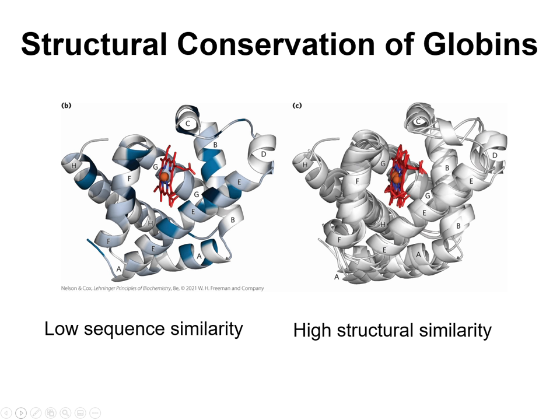However, the structural similarity, which you can see in the figure on the right, is pretty high. Their heme groups are pretty much in the same place. All of the alpha helices and the loops are pretty much in the same place. Loop regions tend to be more flexible, so those can kind of move around a bit. But the helices, by and large, are in the same place.